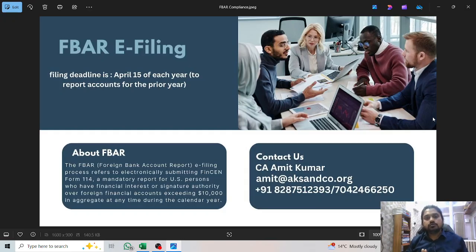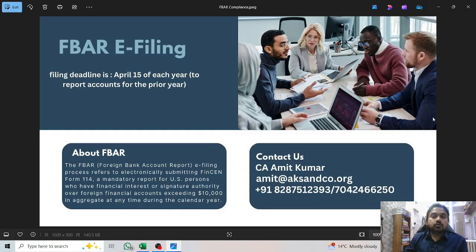So you have to mention the account number details, the bank name where you hold your accounts, and that bank's address as well. And you have to report the maximum amount available during the year. This reporting is to be filed by FBAR mode or through e-filing mode also.